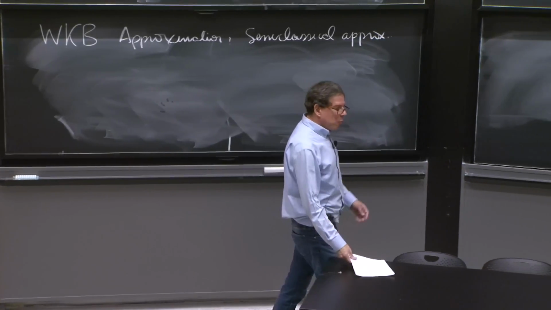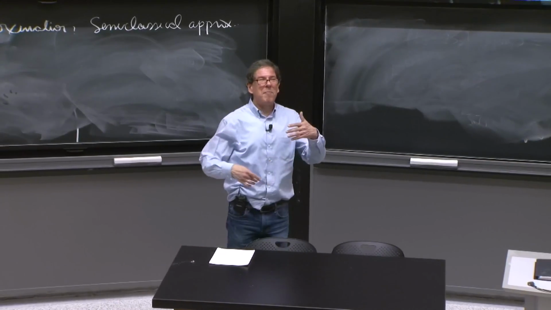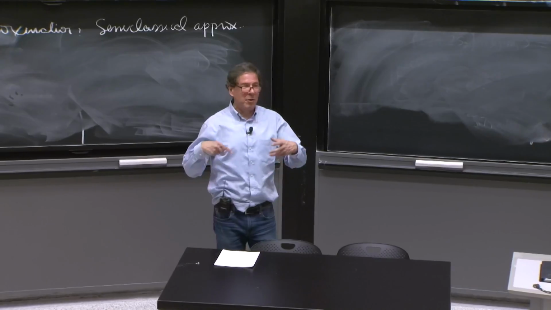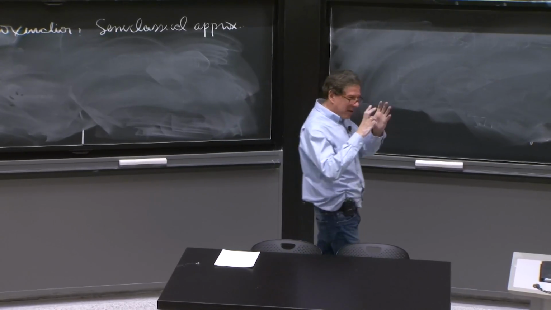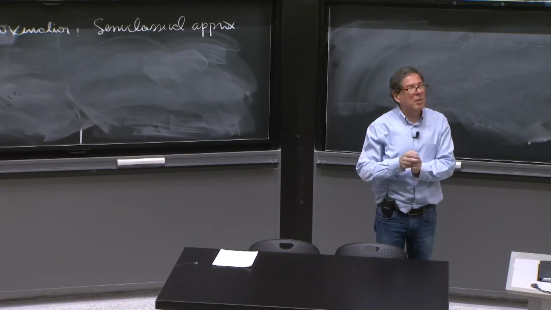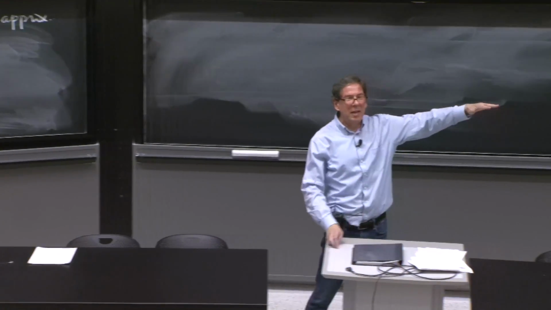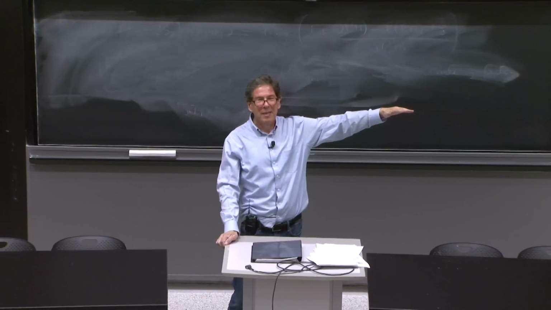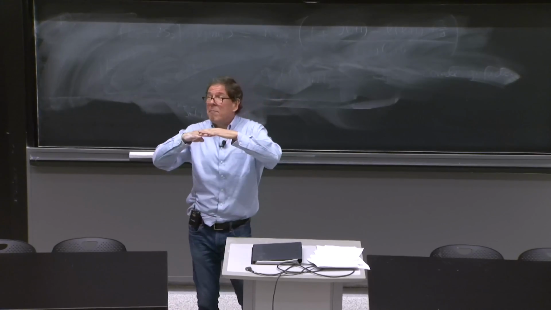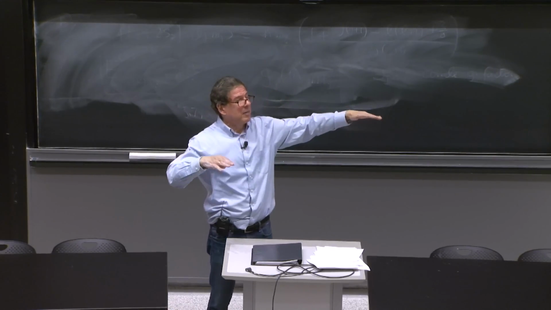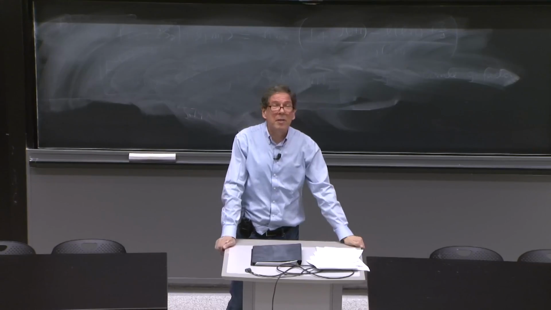So we're continuing our approximation methods. We've done perturbation theory, where we add little pieces to the Hamiltonian. Now we consider things that are slowly varying in space. You might have a very simple Hamiltonian where nothing varies in space, a constant potential.